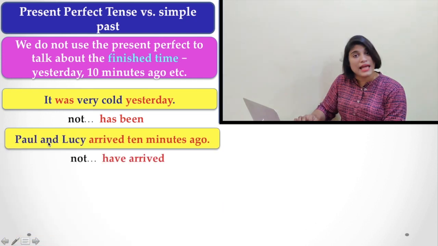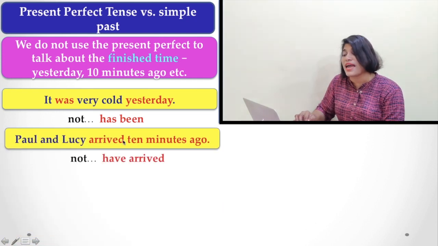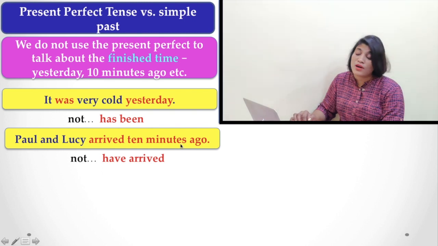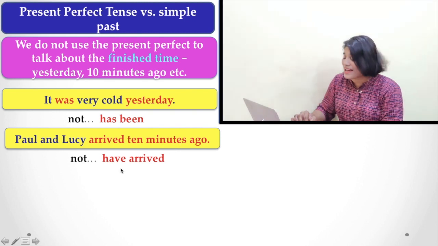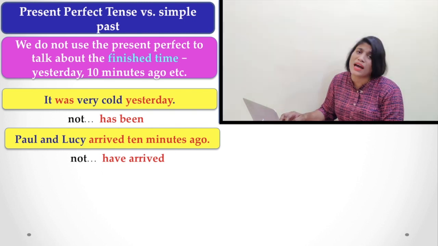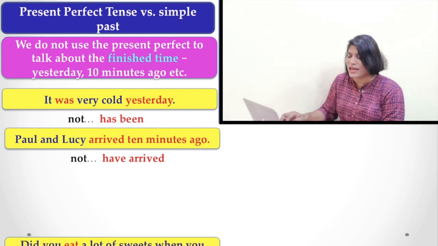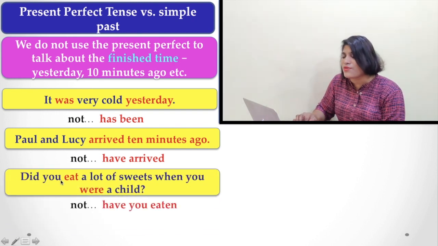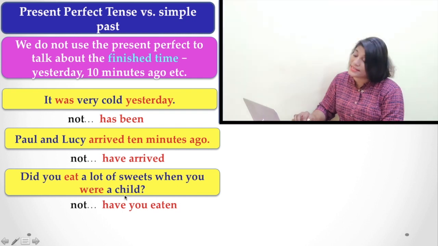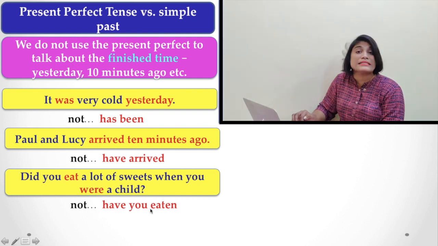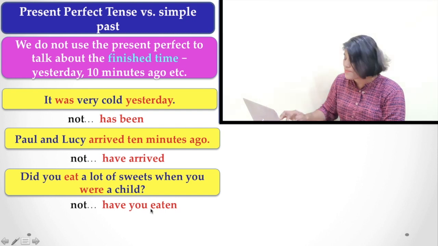More examples like this. "Paul and Lucy arrived 10 minutes ago." We do not say "have arrived" because 10 minutes ago is a finished time. "Did you eat a lot of sweets when you were a child?" Here also, "have you eaten?" is not a correct use.